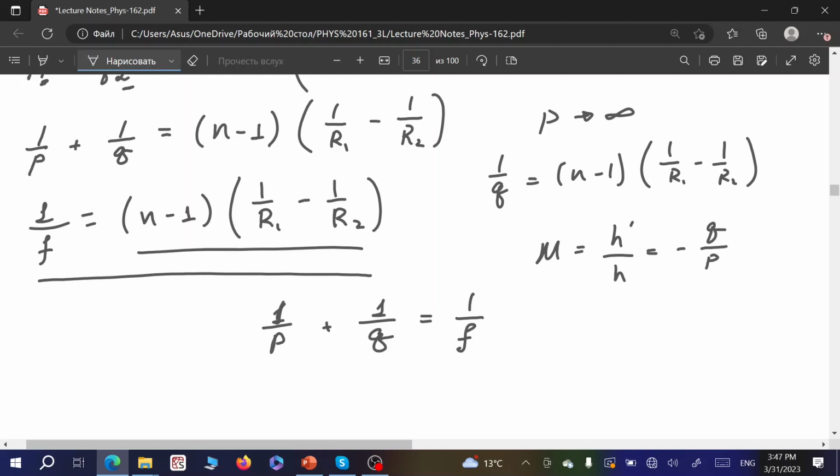That means q is equal to f. So our image of this infinitely far located object will converge in one point at a distance equal to the focal distance of the lens.